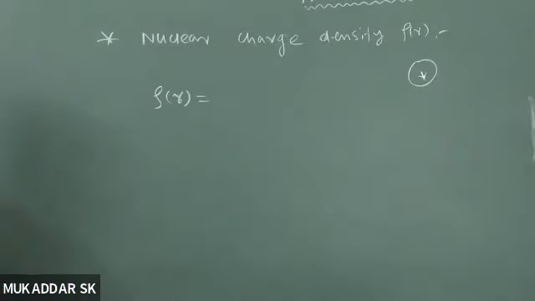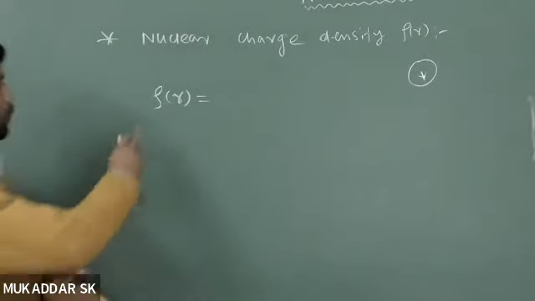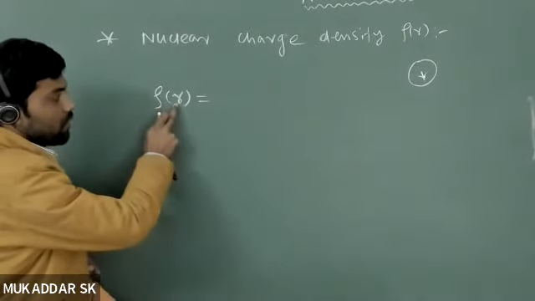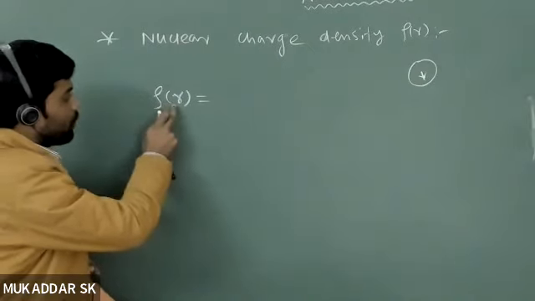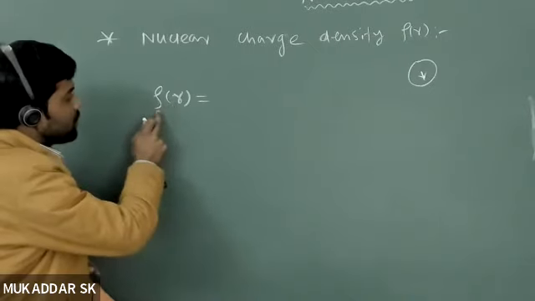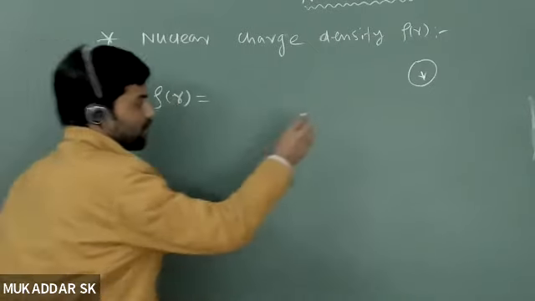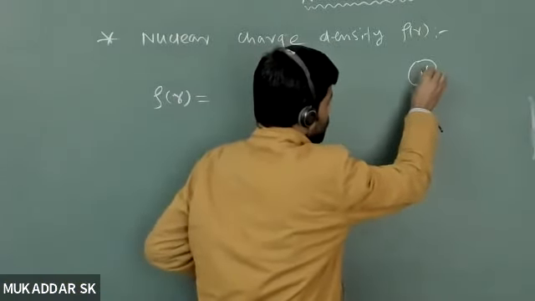Okay, so I can write the charge density rho as a function of R, where R is measured from the center of the nucleus. So rho of R means the charge density inside the nucleus at a distance R from the center.